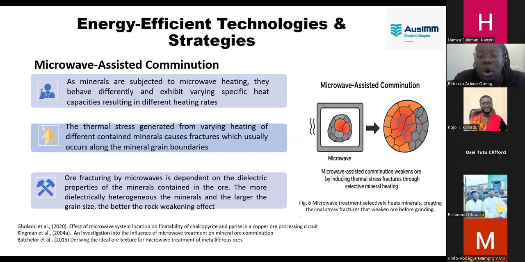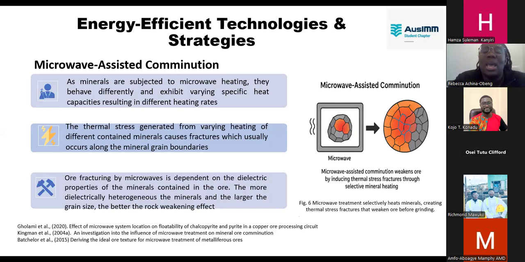Yeah, for a gold ore like this, you have the presence of iron, you have the presence of molybdenum, a bit of silver in there, and some other trace metals. So the differences in the dielectric properties of all these different minerals that can be found in the ore body help with the microwaves, because some of them heat better than the others, right?